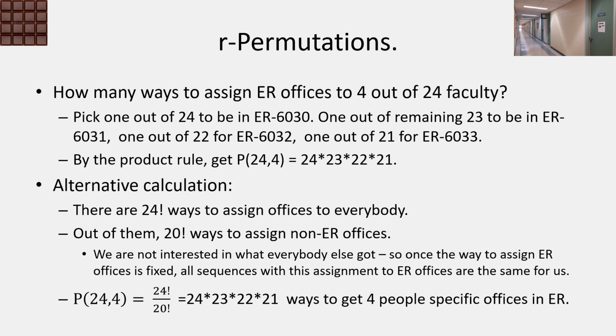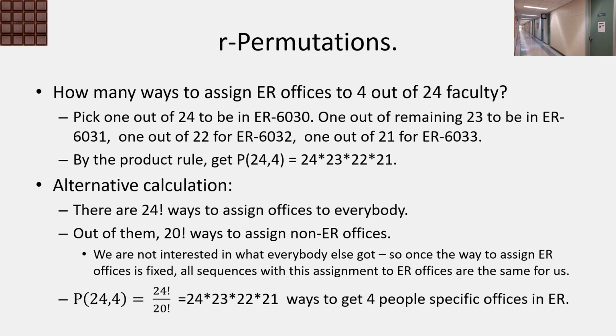So now, rather than picking 1 out of 4 to go to ER 6030, we pick 1 person out of 24 to be in that office. That leaves 3 offices and 23 people. So for the second office, we get 23 possible people assigned to it. The third office, we get 22 people. And the last office in Earth Science, the fourth, we get 21.